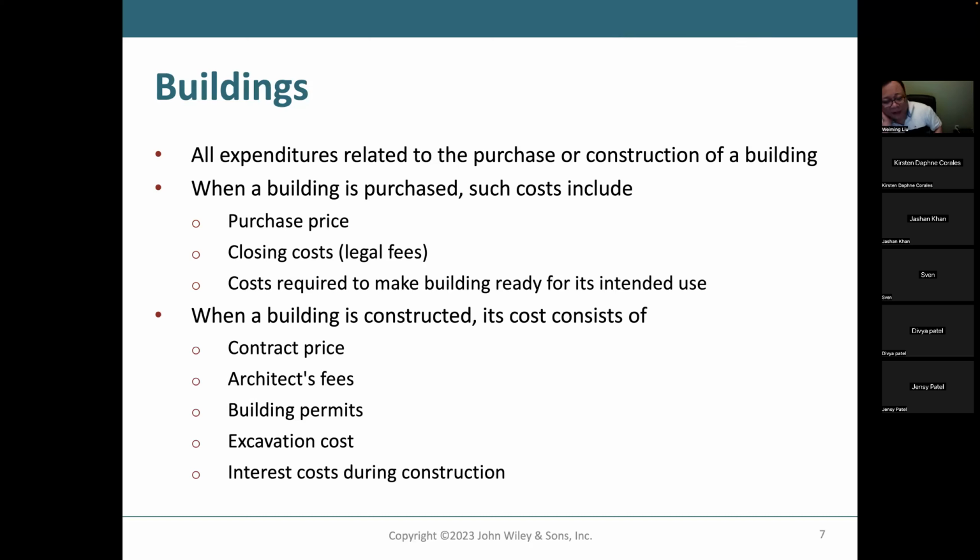The second aspect would be when the building is constructed. If you are constructing a building, you need to hire an architect to design the framework, to design the building. So you need to pay the architect.